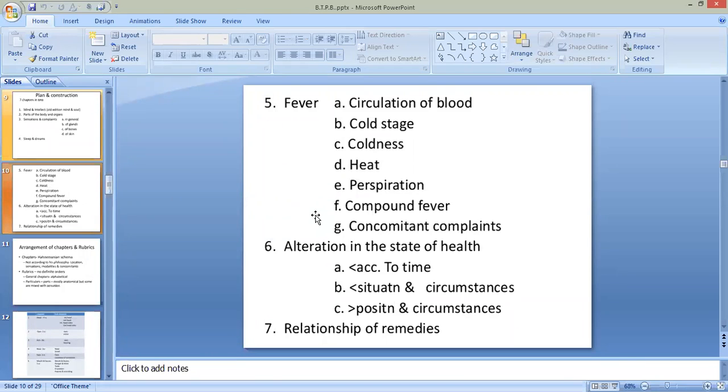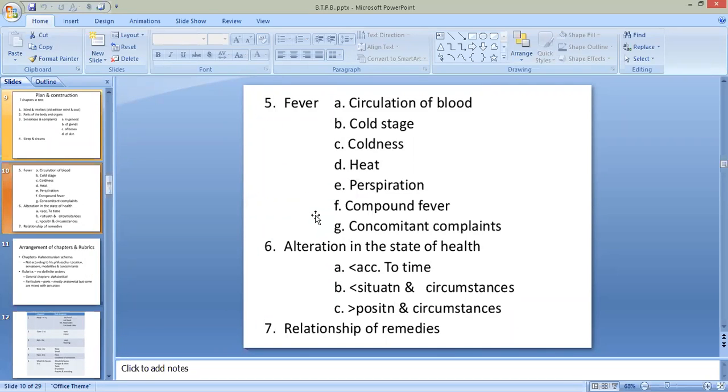That is, modalities during the day, morning, forenoon, then at noon, then afternoon, evening, night, four parts of night, after midnight, and lastly periodicity.